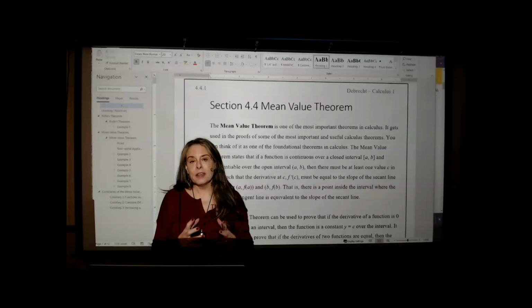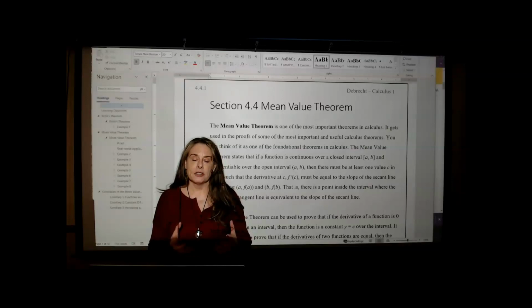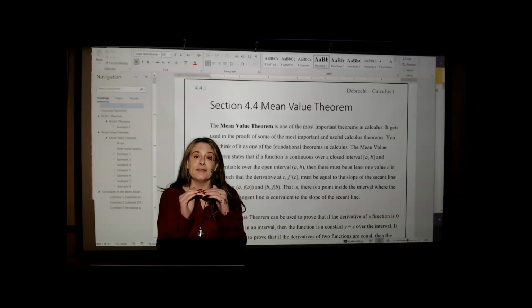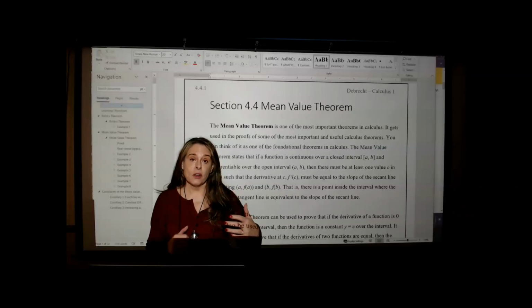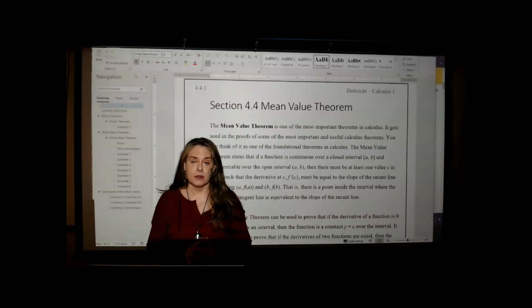Now, when we think about this, what are some of the things we can prove with it? Well, we can prove that if we have a function whose derivative is 0 over the entire interval, then in fact the function must be a constant. This is a direct result based on the mean value theorem.